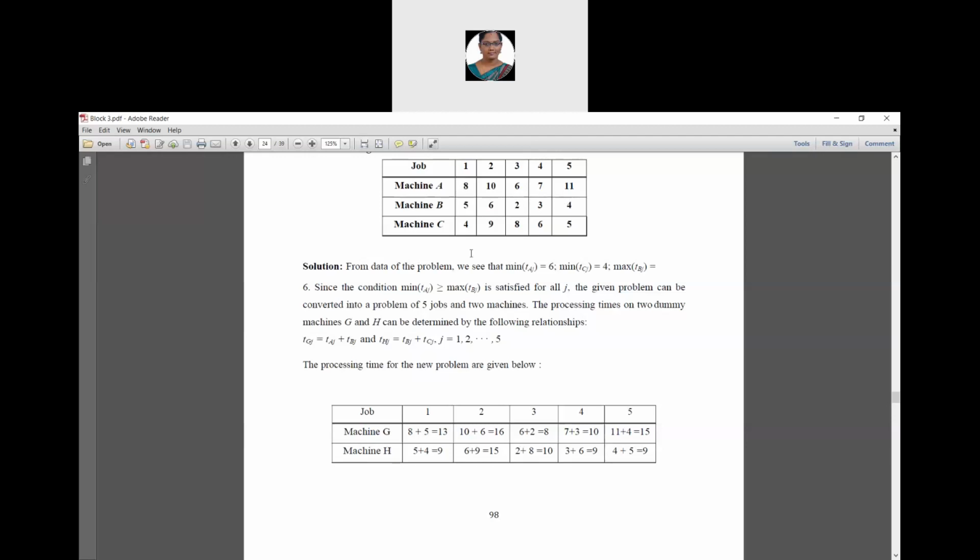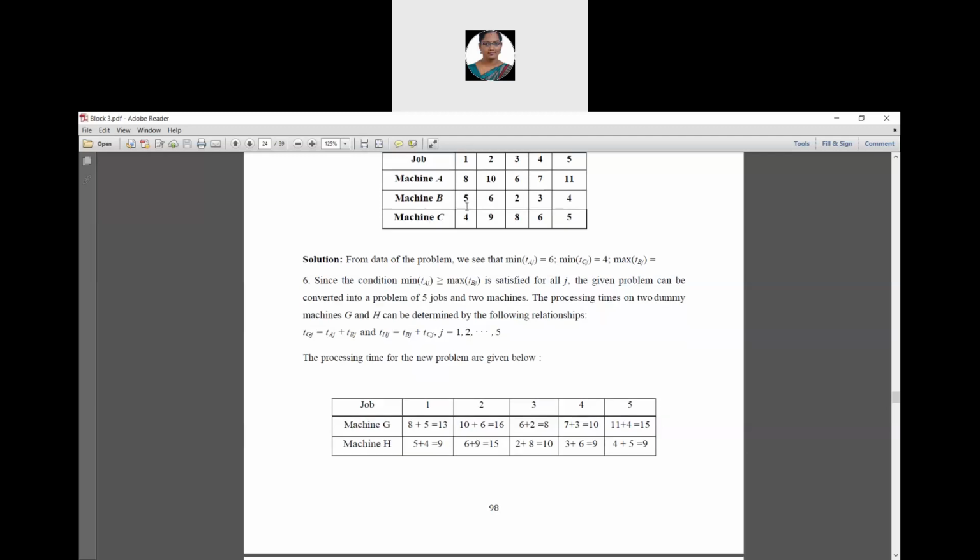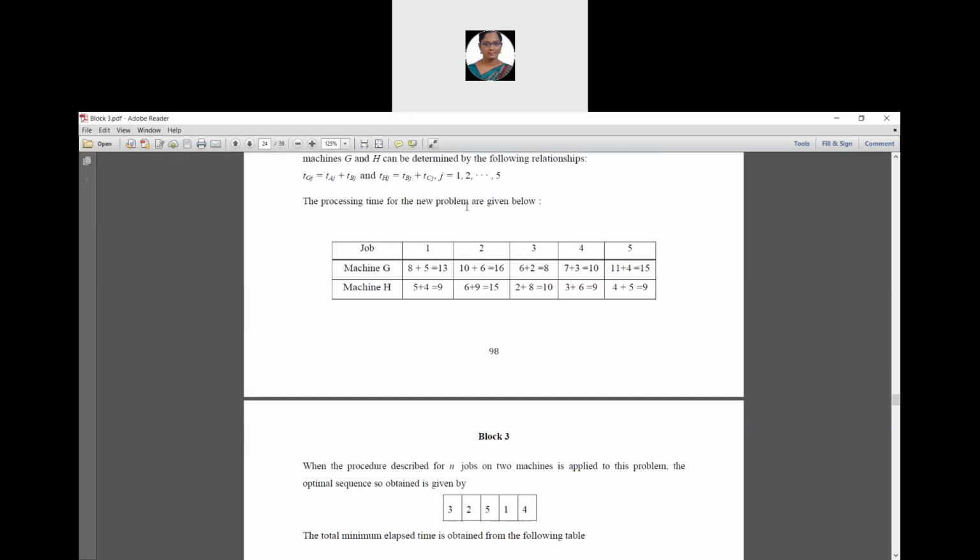And in machine H, we add the second machine and the third machine, machine B plus machine C. That is 5 plus 4 is 9, 6 plus 9 is 15, 2 plus 8 is 10, 3 plus 6 is 9, 4 plus 5 is 9.